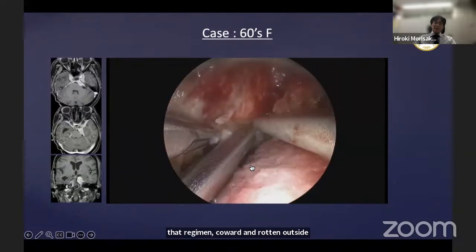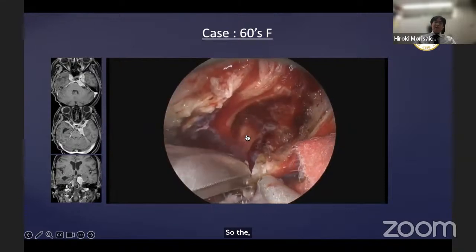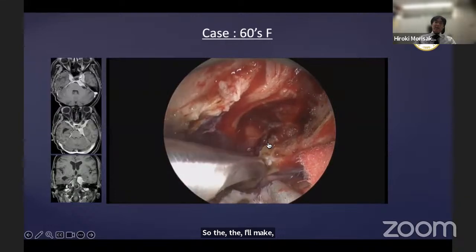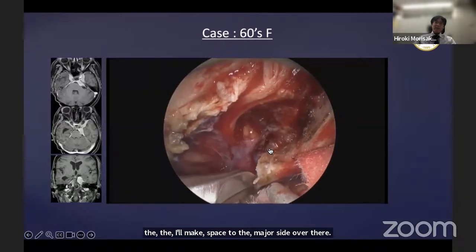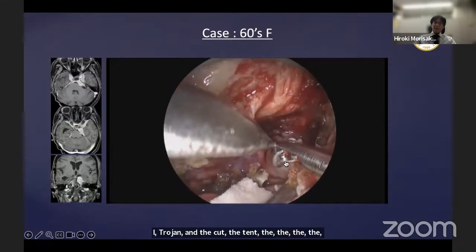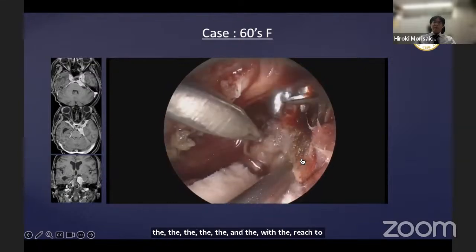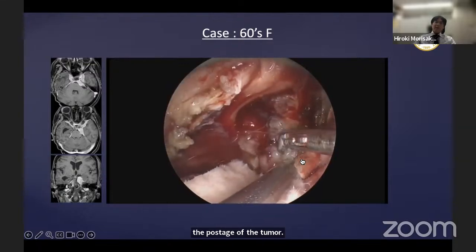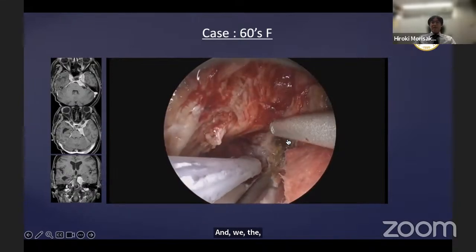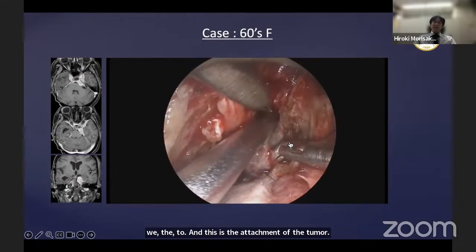So we make some space on the medial side of the trigeminal and cut the medial edge of the tentorium, and we reach the posterior edge of the tumor, and do additional tumor removal on the medial side. And this is the attachment of the tumor just above the Meckel's cave.